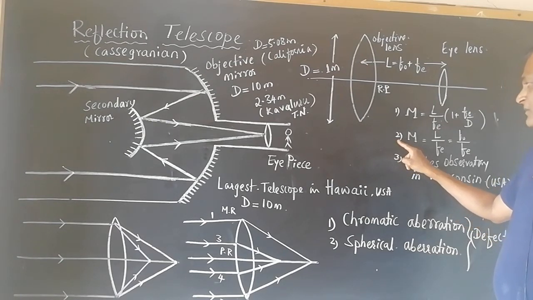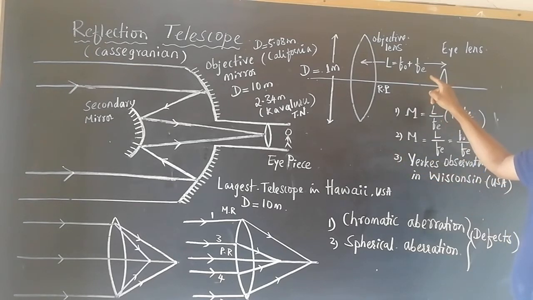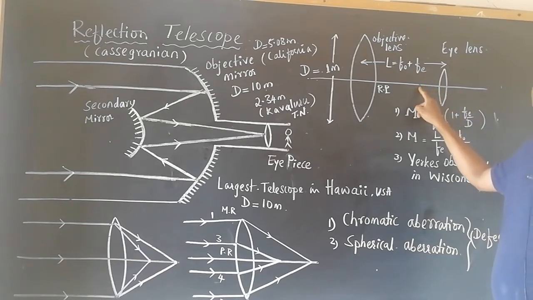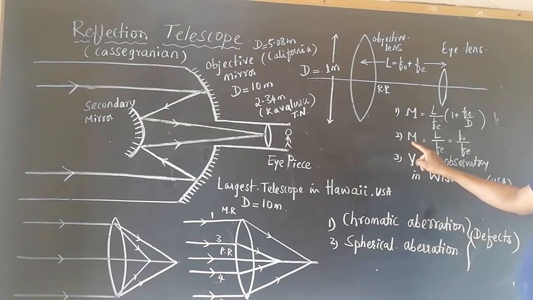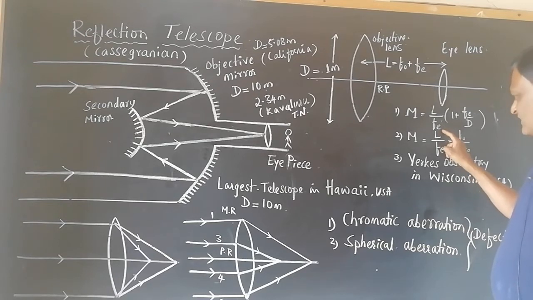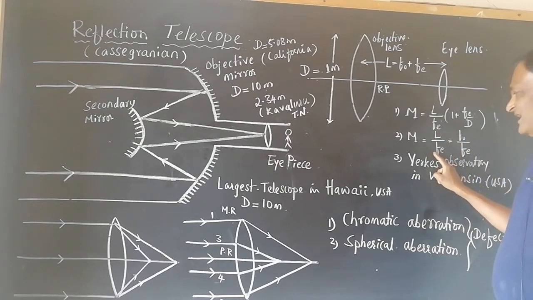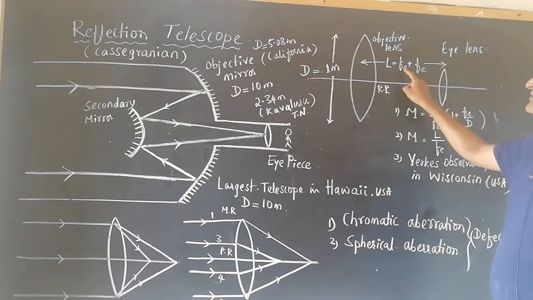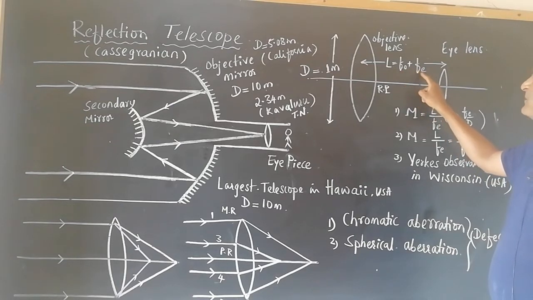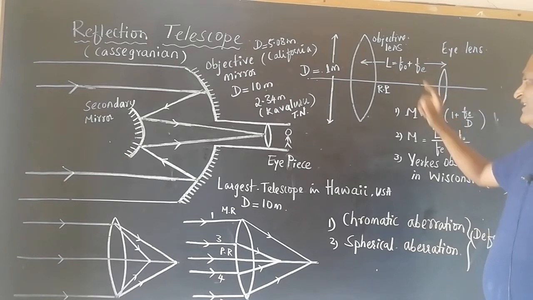The image gets formed at infinity when the virtual object for the eye lens is made to fall at the principal focus of the eye lens. For that case, the angular magnification is just the ratio of the length of the telescope to the focal length of the eye lens. The length of the telescope can be taken as the focal length of the objective lens, since the focal length of the objective is too large compared to the focal length of the eye lens.